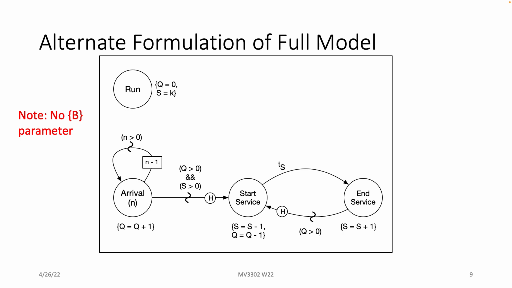Okay, so it turns out that for batch arrivals, there's another option. The other option is that instead of having the server decide what the batches are, have the arrivals decide what the batches are. So that's a slightly different model.